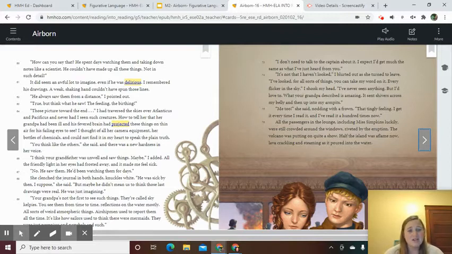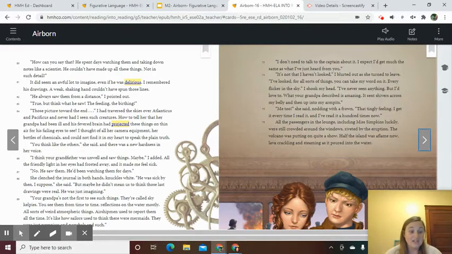How to tell her that her grandpa had been ill and his fevered brain had projected these things on thin air for his failing eyes to see? I thought of all her camera equipment, her bottles of chemicals, and could not find it in my heart to speak the plain truth. You think like the others, she said, and there was a new hardness in her voice. I think your grandfather was unwell and saw things. Maybe, I added.